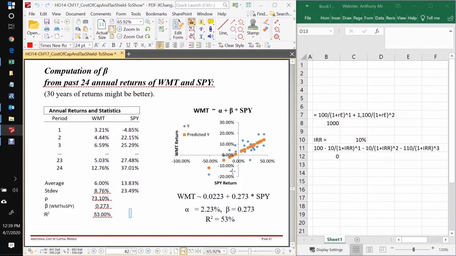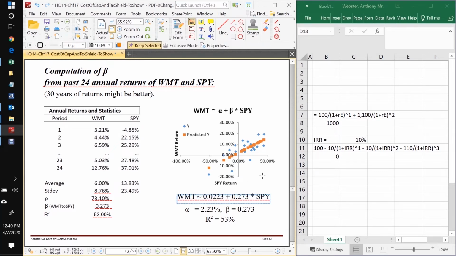So here's what the data looks like when we plot it. Each blue dot here represents, on the y-axis, what the return of Walmart was given what the return for the SPY was on the x-axis. So you can see there's a lot of spread here, but it looks like you could reasonably draw a line through this, and that's what the linear regression went ahead and did.